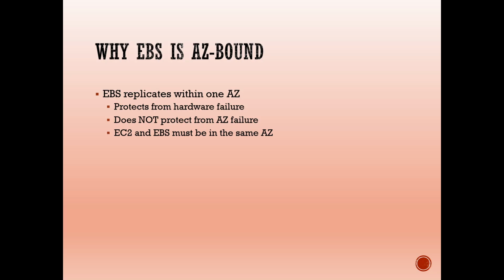EBS internally replicates across multiple physical devices inside the availability zone, so it protects against hardware failure, but not against availability zone failure. If the availability zone fails, you can lose access to the volume unless you have a snapshot. So you have to have a snapshot for this, otherwise you will lose the data.